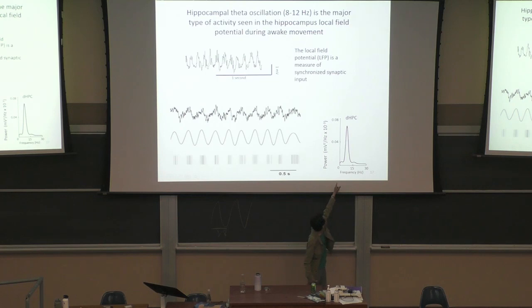But there's also some power at other frequencies, because the oscillation is not a pure sine wave, but has other components in it. For example, there are some fast things riding on top of the bigger 8 hertz oscillation, and that produces peaks at around 30 or 15 hertz.